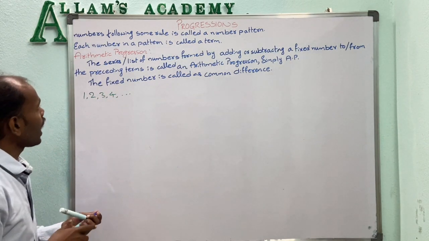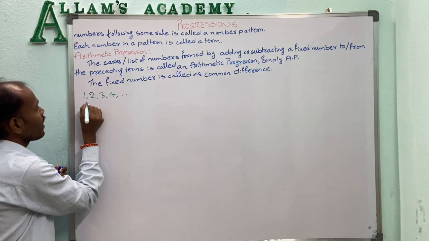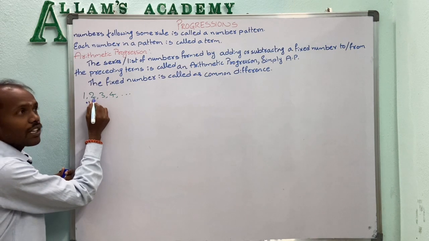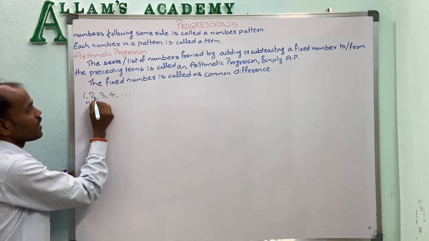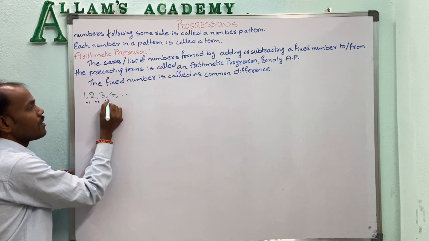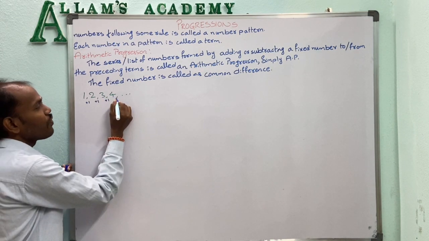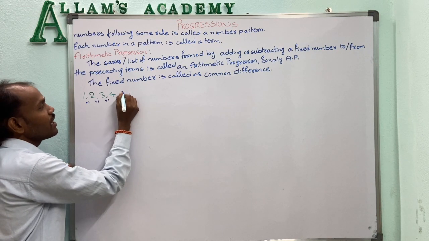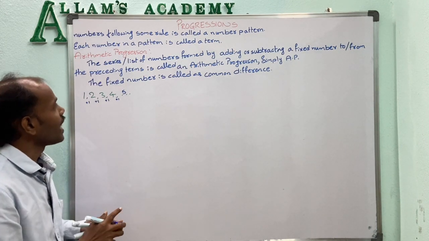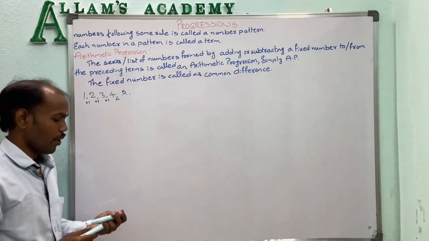Here the first number is 1, and to it we add the fixed number 1 to get the next number 2. To that we add the fixed number 1 and get 3, to 3 we add 1 and get 4, and to 4 we add 1 and get 5. In this way the series can continue, and since we are adding a fixed number, it is an arithmetic progression.